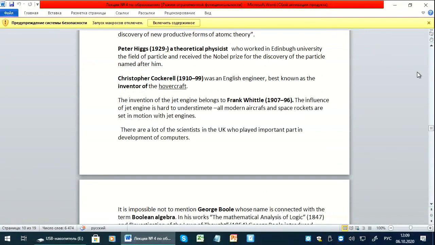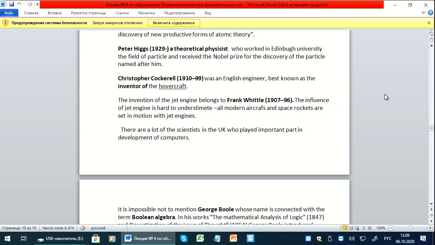So, there are a lot of scientists in the UK who played an important part in the development of computers. It is impossible not to mention George Boole, whose name is connected with the term Boolean algebra. Certainly you know this term.